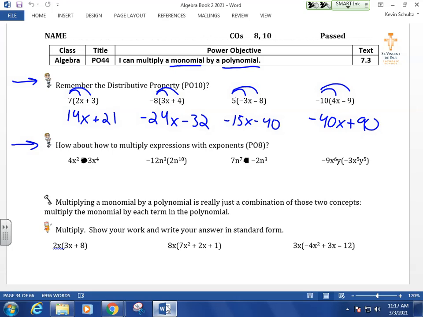So who can remind us all, when we learned how to add and subtract exponent expressions, what do we relate that to? Anyone remember? It was a great analogy. I was quite proud of it. Yeah, it was fractions, right? Because you needed those like terms, and then you added them or subtracted them, and that term didn't change.